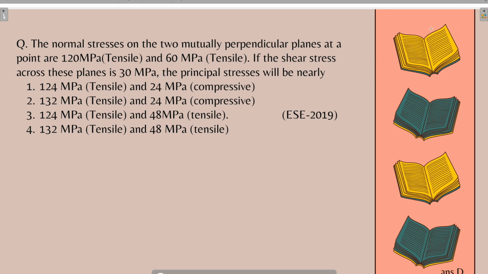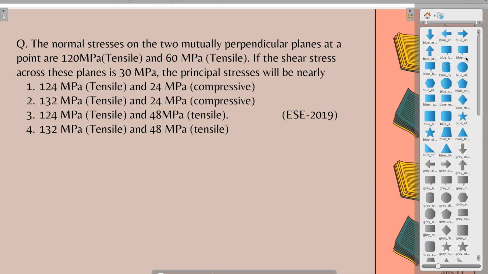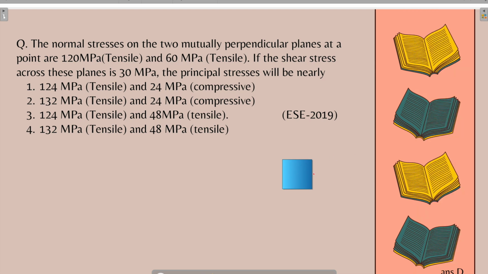So the question says that there is a body like this, and the stresses acting on this body are 120 megapascal, which is in tensile direction, and 60 MPa, which is in tensile direction.